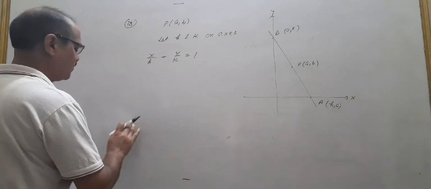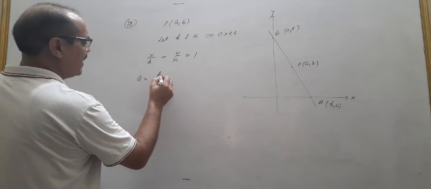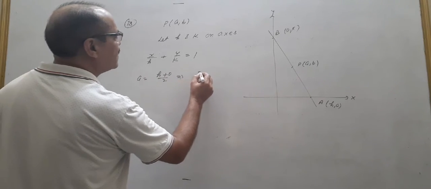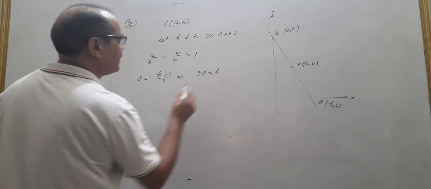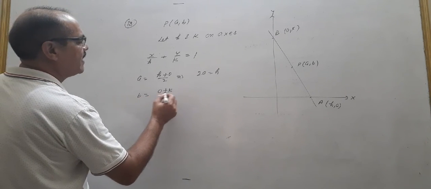So therefore, by applying the concept of midpoint, we get A is equal to (H plus 0) by 2. That implies 2A is equal to H. Similarly, B is equal to (0 plus K) by 2.